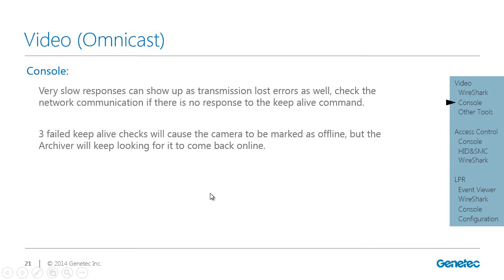This can show up as transmission lost errors as well. So basically take a look at the network communication and see if you are getting that keep alive command coming through. If you get 3 failed keep alive checks, that's going to cause the camera to be marked as offline, so you'll see it go red in the tree. But the archiver will keep looking for it, so if the camera does come back, if it can be seen in one of the keep alive checks, it will come back online and go white.